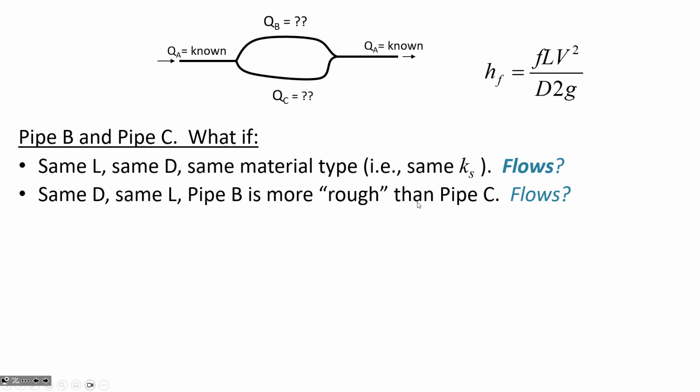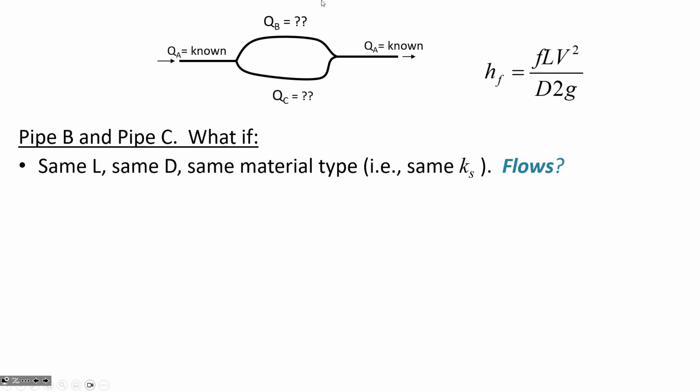So there'll be some flow through pipe B, some flow through pipe C, but the Q through each of them will be whatever flow rate is required to make it so that the head loss due to pipe friction, here's the Darcy's law equation, the flows will come into equilibrium so that the head loss through pipe B is the same as the head loss through pipe C. So it's not like the pipe is thinking, it's just that the flows naturally have to be in a head loss equilibrium because they're coming back together again, and it would be impossible for them to have a different energy level and then come back together at the same point.